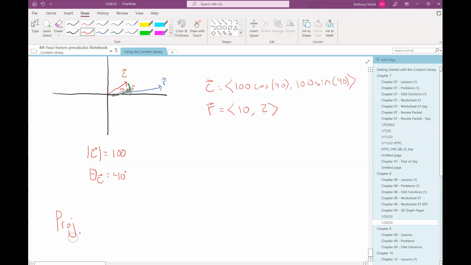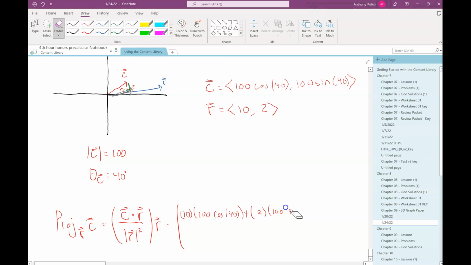So the projection of C onto R is C dot R divided by the magnitude of R squared, times vector R. So C dot R is 10 times 100 cosine 40 plus 2 times 100 sine 40, divided by 10 squared plus 2 squared, all times that vector <10, 2>.